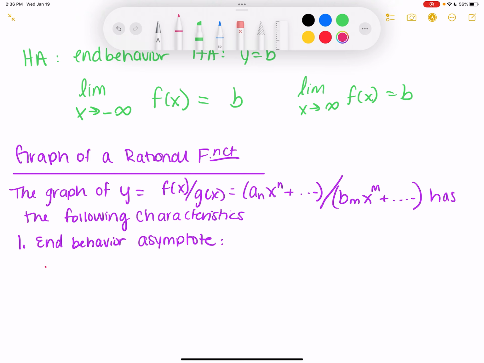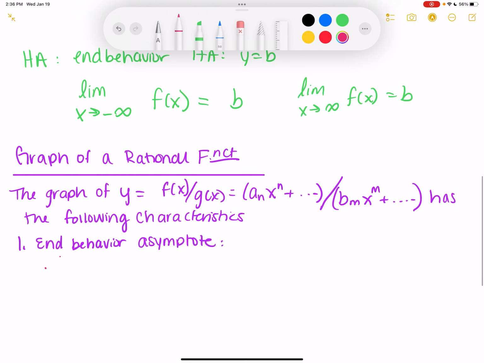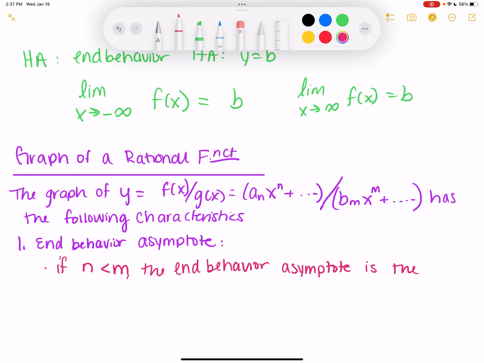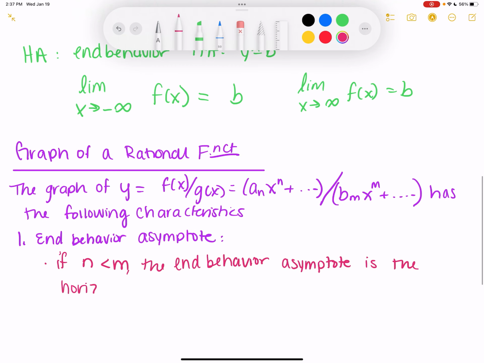If n is less than m, notice those are the powers that x is being raised to, the end behavior asymptote is the horizontal asymptote y equals 0.